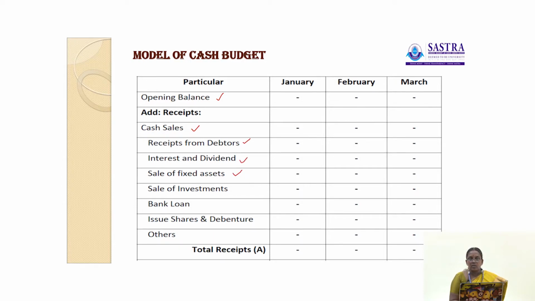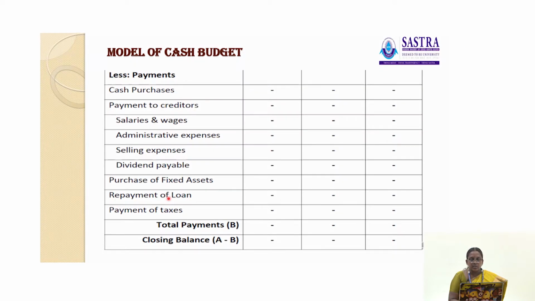So these are the total receipts. Then payments: cash purchases, payment to creditors, salaries and wages, administrative expenses, selling expenses, dividend payable, purchase of fixed assets, repayment of loan, payment of taxes. So these are all payments.